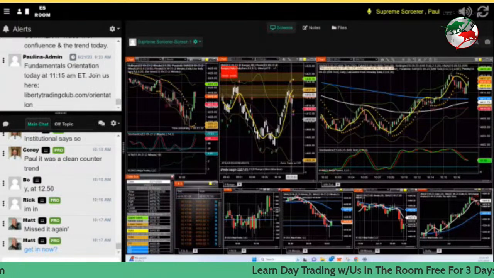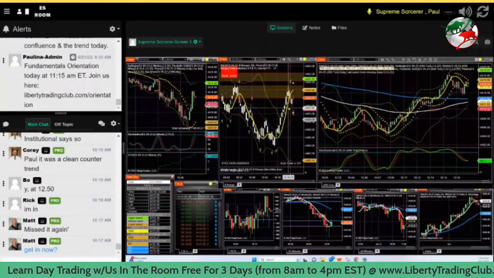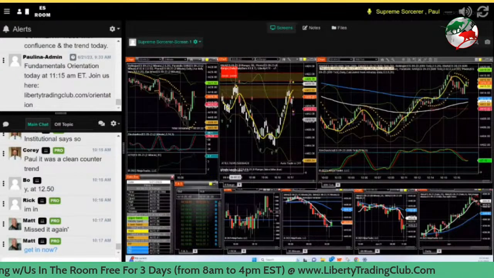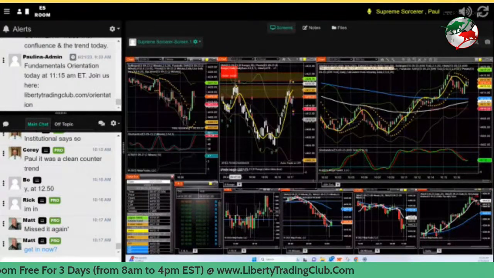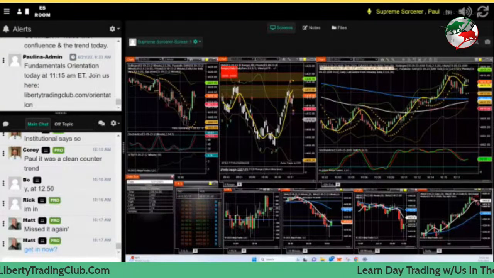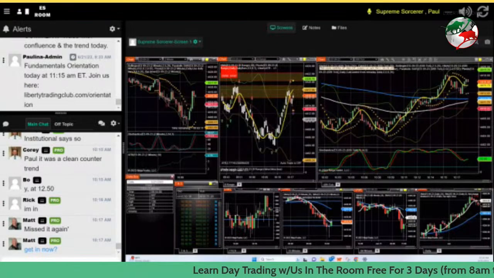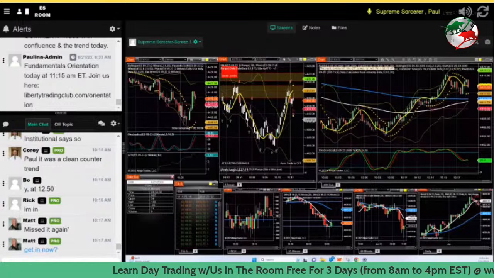This is what we're going to watch, especially this one. If that gets broken, sit back for a minute and see what happens. Expect a stop run and go, a stop and go pattern.